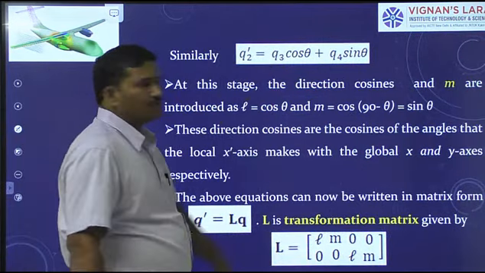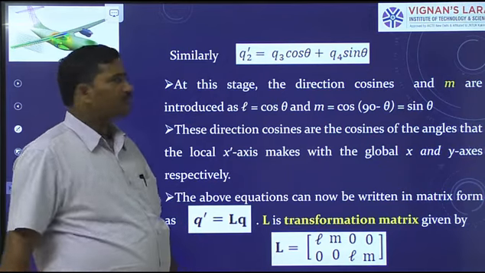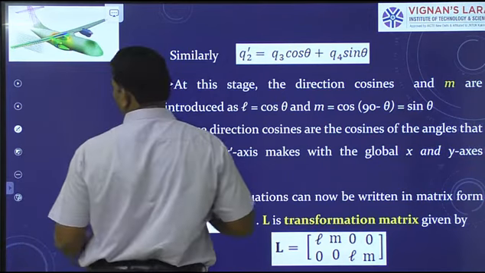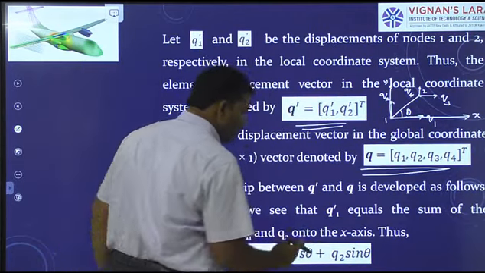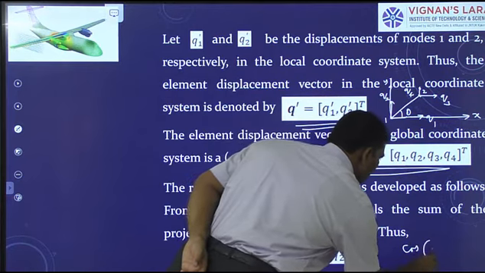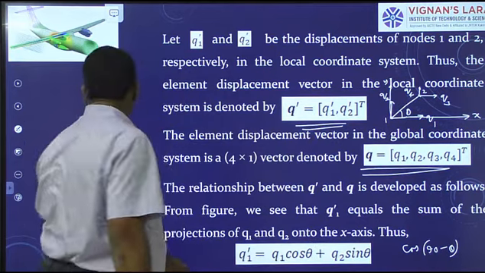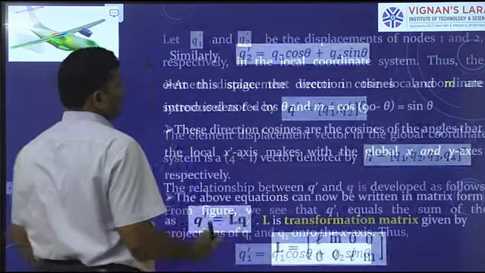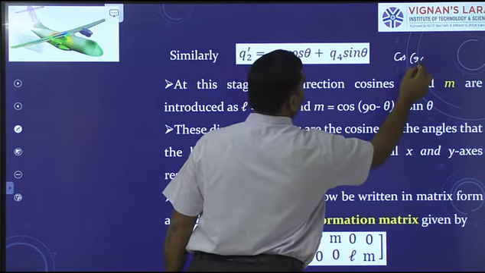And similarly, Q2 dash equals Q3 cos theta plus Q4 sin theta. Understand here carefully: sin theta is simply cos of 90 minus theta. Similarly here, sin theta is cos of 90 minus theta.